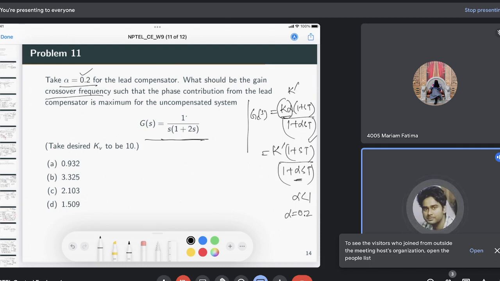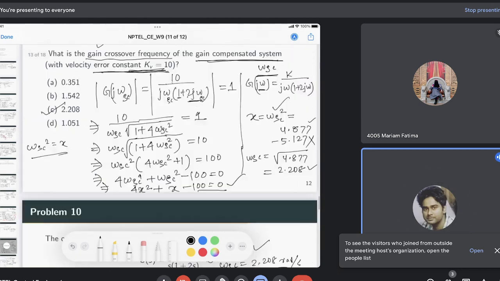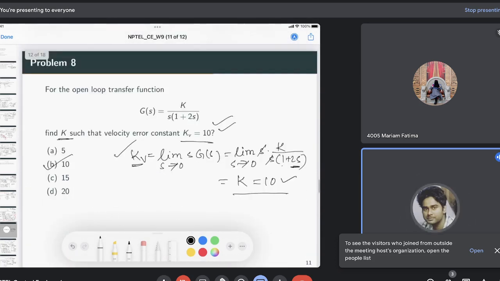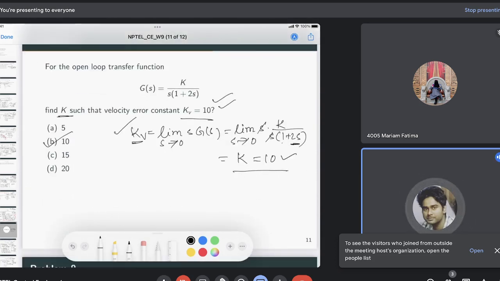So how will we proceed? First, we have the desired Kv value of 10. In the previous case, with simple gain adjustment, we saw that we can take K equal to 10 to achieve the desired steady state error.